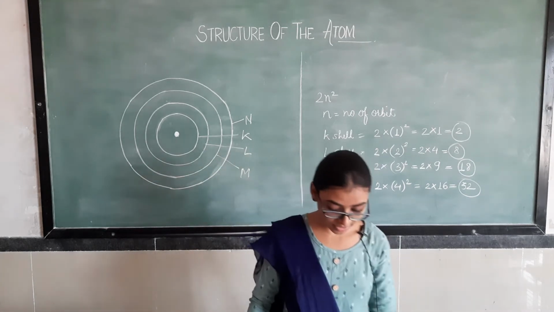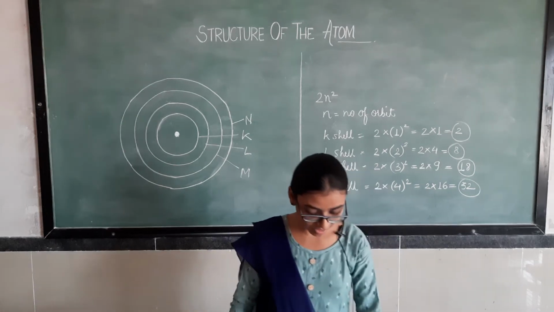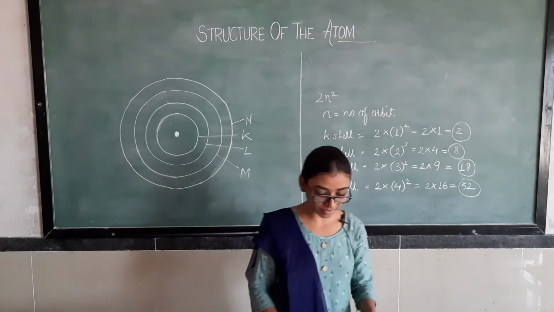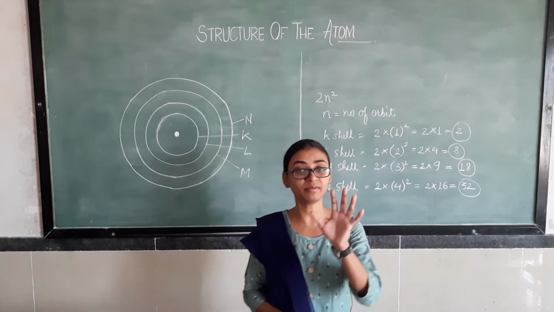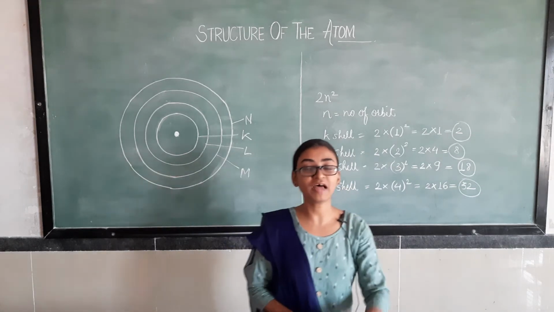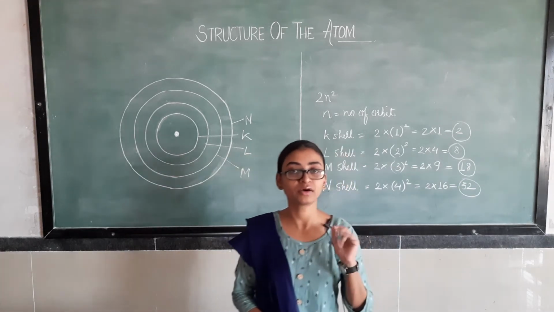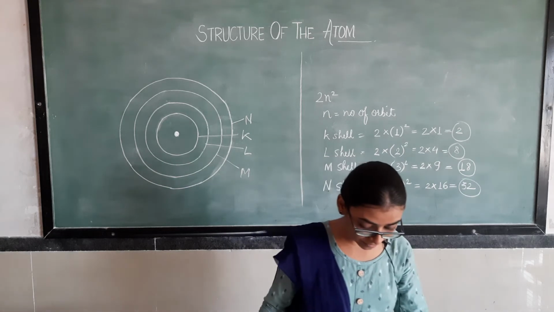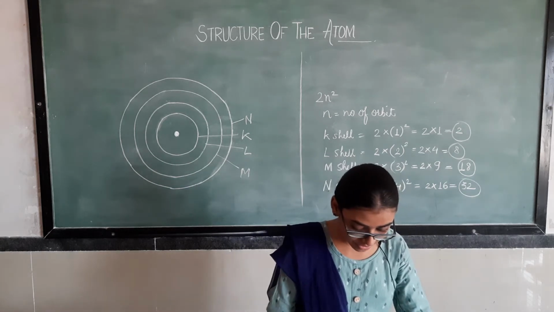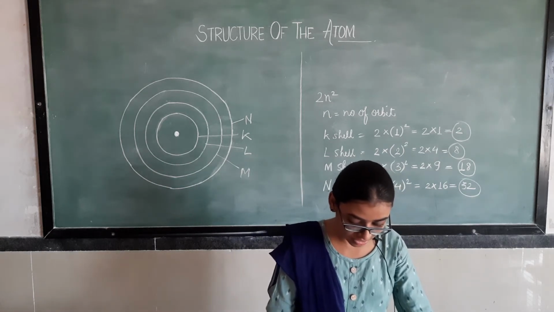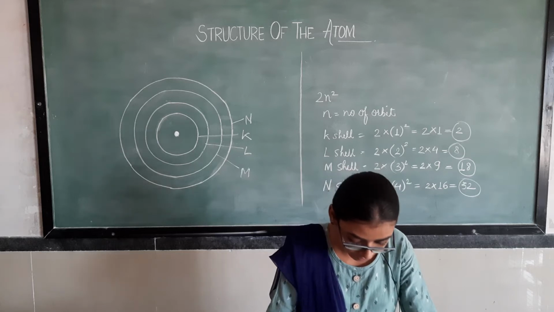Just look at your book, page number 50. Here the schematic atomic structure of the first 18 elements is given. On the basis of that picture we are going to see how the electrons are arranged. The atomic structure of the first 18 elements is shown schematically in figure 4.4.